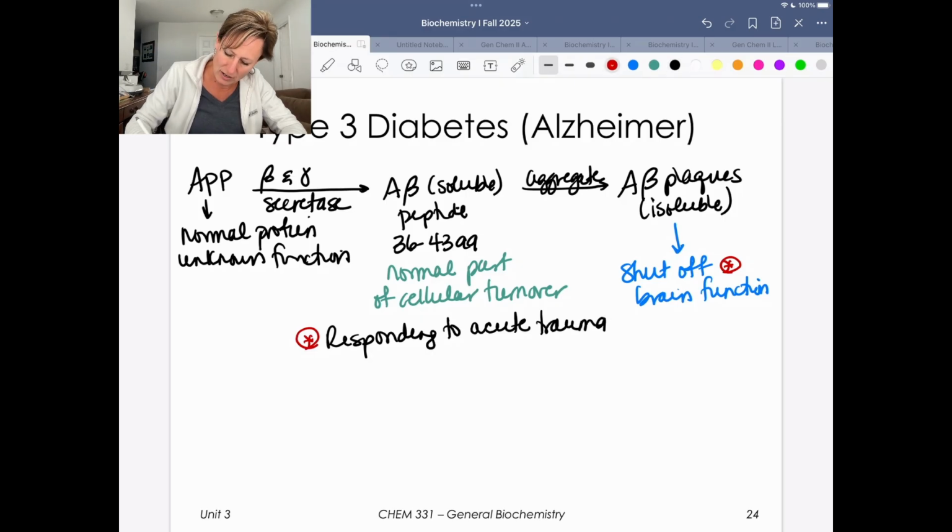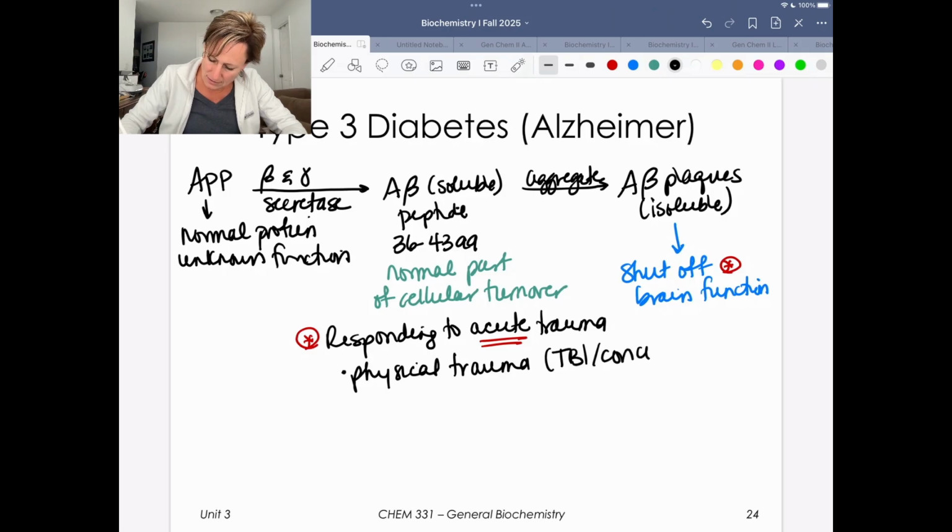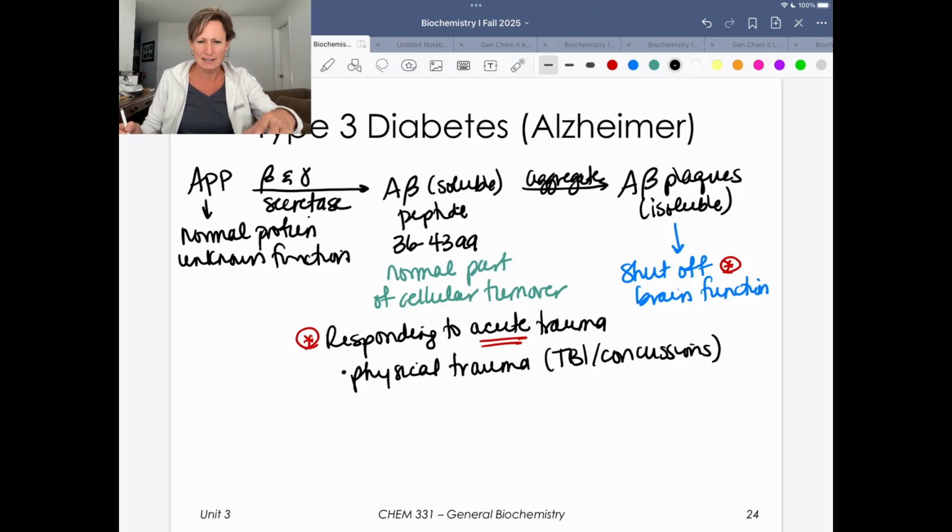And the key here is acute trauma, short term, right? So you might have physical trauma. We talked about concussions and traumatic brain injuries. So TBIs and concussions. To allow the brain to heal, you might shut off brain function by putting these plaques in there. You might have a short-term toxin exposure.